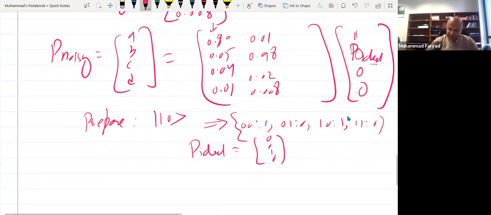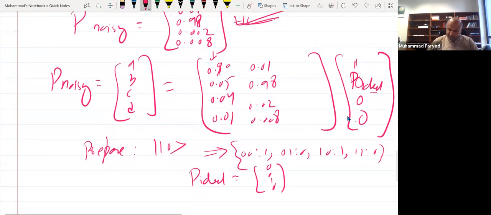And suppose we measure the state 0, 0 with probability 0.02, and state 0, 1 with probability, I don't know, 0.04, and state 1, 0 with probability 0.91. So then this has to be 0.02, 0.04, 0.91, and 0.03.